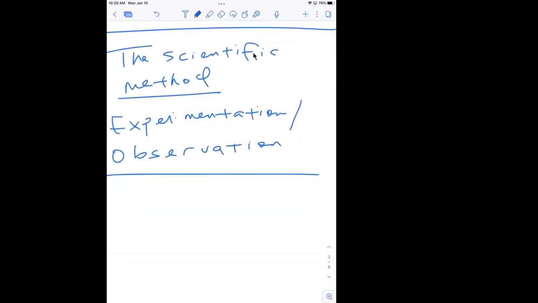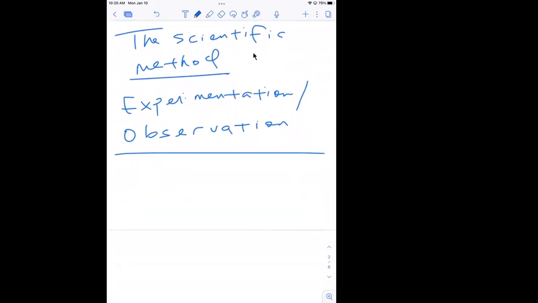Define the issue. So you have a problem or an issue that you want to solve. That's correct. And then you think about a way to solve it. What is that called? When I come up with a tentative way to explain what this issue is or what I've observed. A hypothesis? A hypothesis, right?